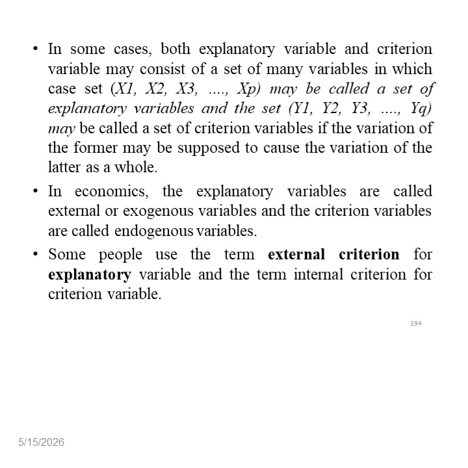Another set of variables, y1, y2, y3 and the like up to yq, may be called a set of criterion variables or dependent variables. The variation of the former may be supposed to cause the variation of the latter as a whole. This is a cause and effect relationship, or we can call it a function. That means y is a function of x, that is x1, x2, x3.